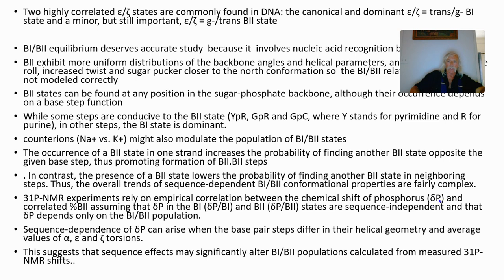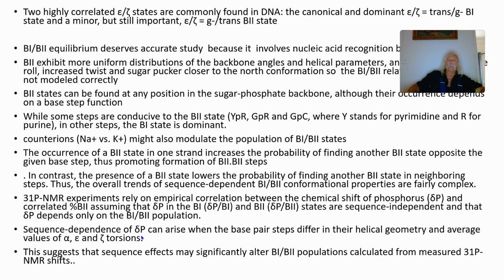A delta P is a shift in phosphorus, correlated to the percent of B2, assuming that the delta P in the B1 and B2 states are sequence independent. And that delta P depends only on which population of conformer you're talking about. Okay, that's how you make that assumption when you use P31 NMR.